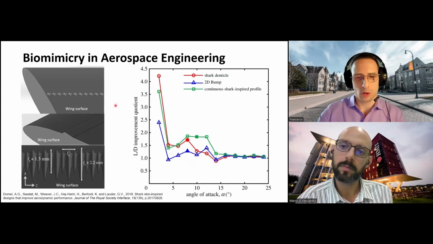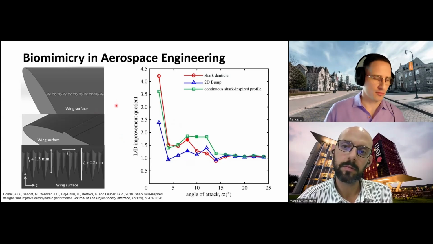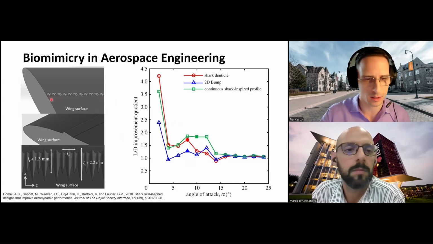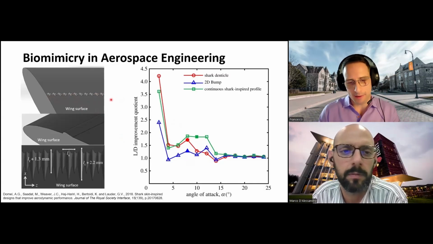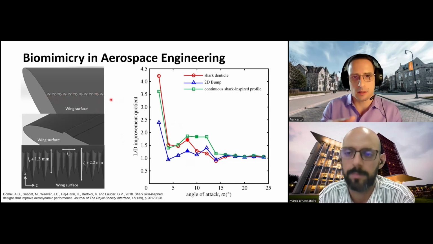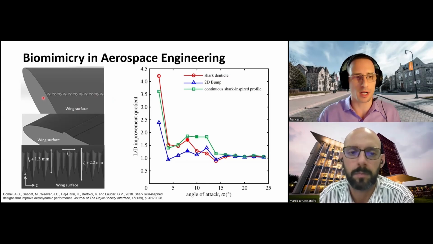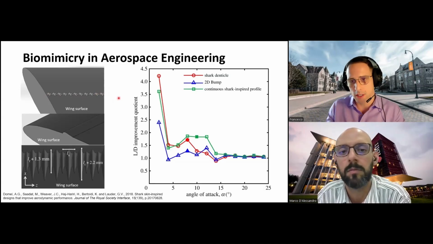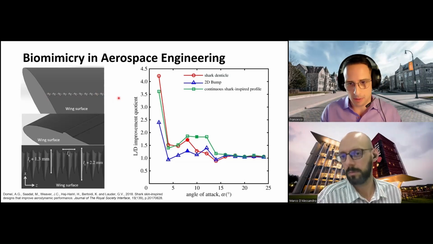Also, what is important to add about this experiment is that, as you mentioned before, this is maybe one of the first experiments that went into the details of what is the influence of shark skin on the flow. But we don't have to forget that when we analyze an engineering problem, we break down the complexity of the problem and then analyze subsequent layers of complexity. So for example, here we started with one line of denticles, but we know, as we saw before in the picture, that denticles are way more organized in the streamwise and spanwise direction.